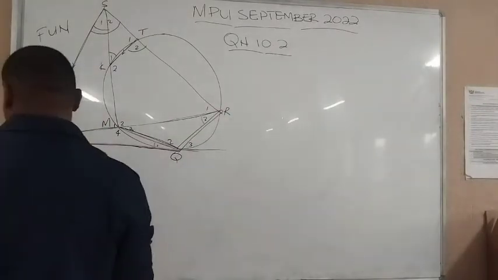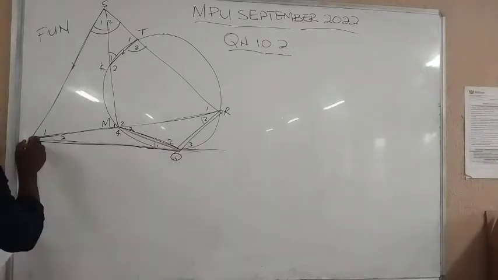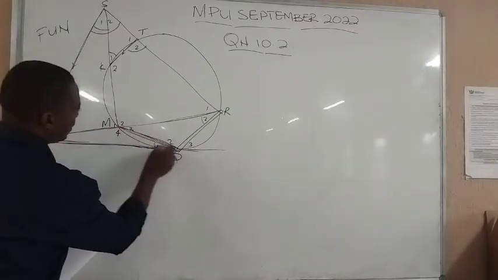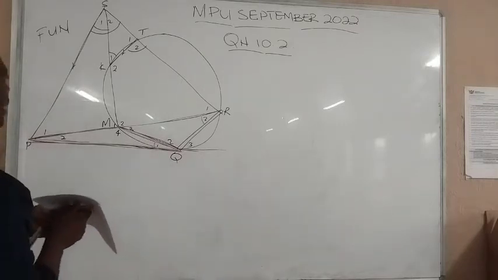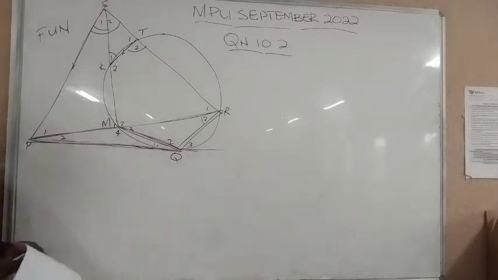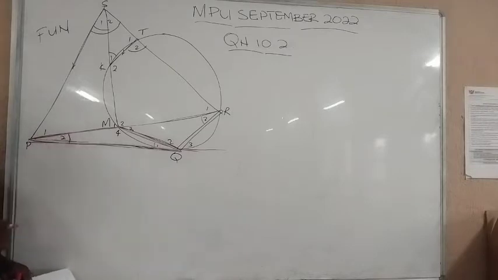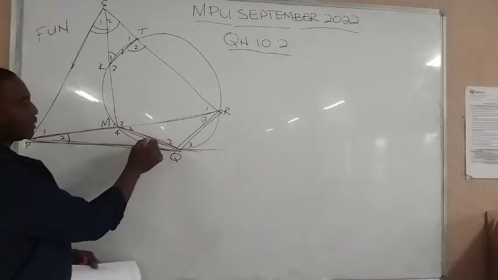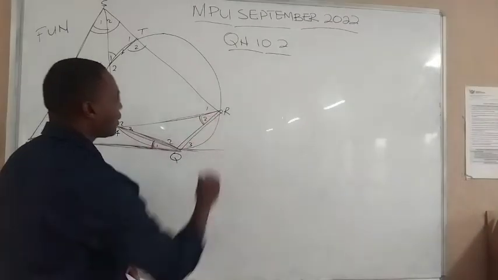If you are to use different colors, it will be a bit more visible for your triangles, and then triangle PQR. Now already you can see that these two triangles share this angle, and we have already discussed angle Q1 and angle R2.